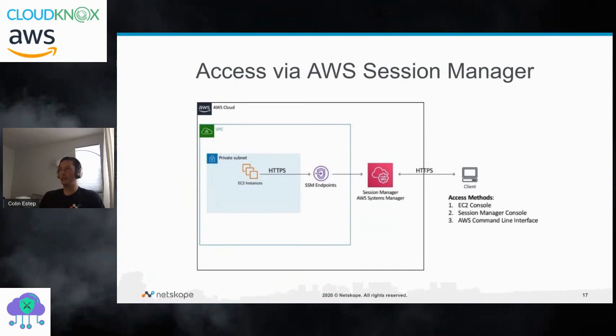The reason I listed those out here is because you can put the permissions for each client at such a granular level that you can specify if you don't want them using the Session Manager console. You can say, hey, they can only launch sessions through the EC2 console, for example. Or just through the AWS command line interface.